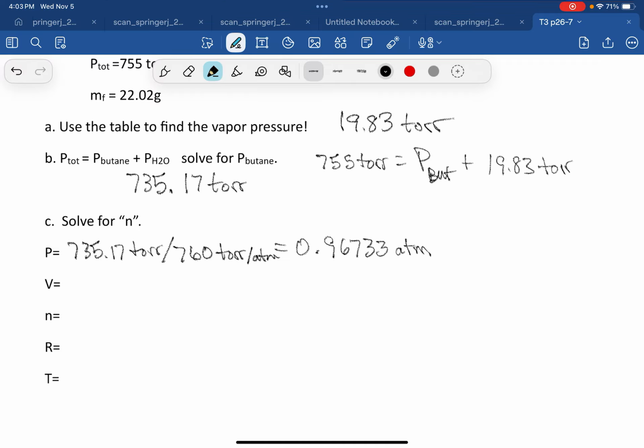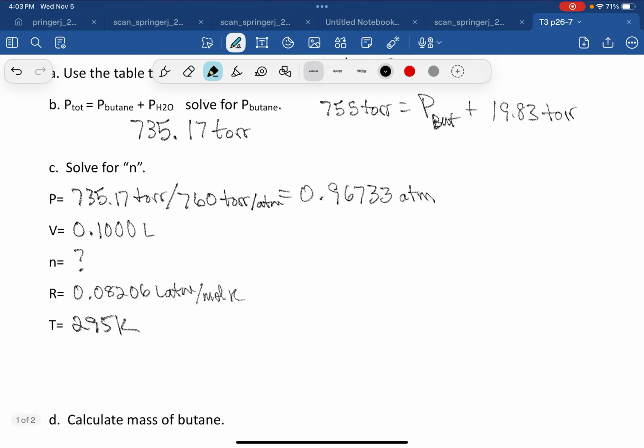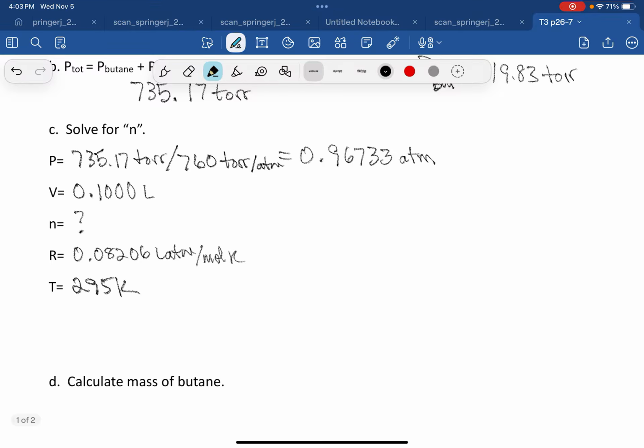So the volume, it tells us in the problem, was 100 milliliters, which is 0.1000 liters. We don't know the moles. We know R. And the temperature, which we calculated up there earlier. So now we just want to find out the number of moles, which would be PV over RT.